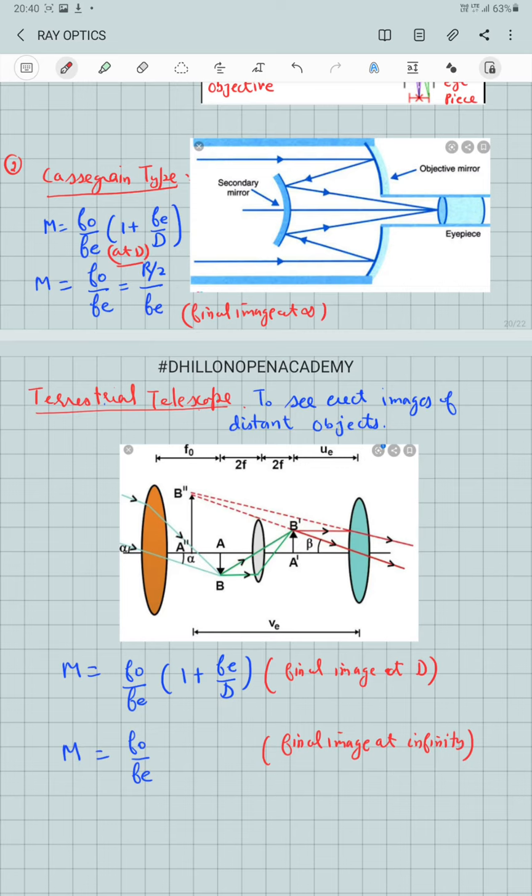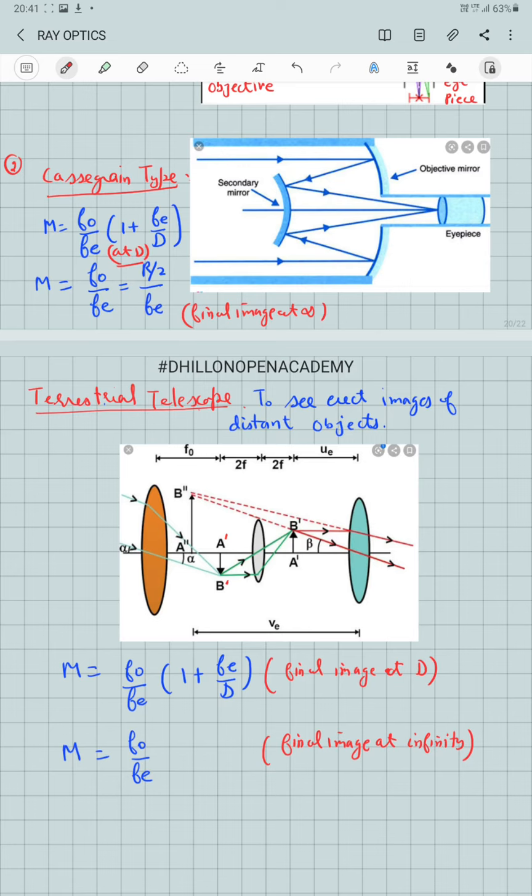For this purpose, the image A'B' formed by the objective, which is formed at its principal focus, is formed in such a way that the distance of this image A'B' from the optical center of the erecting lens is twice its focal length.